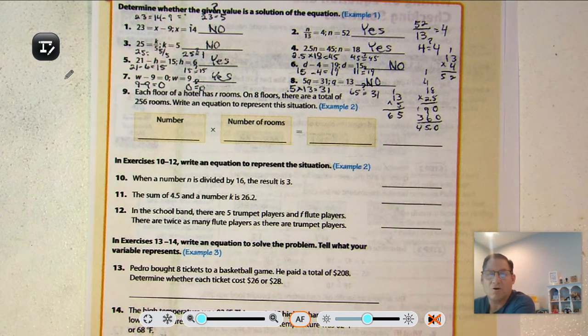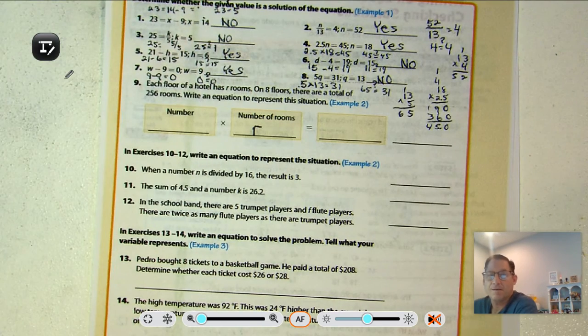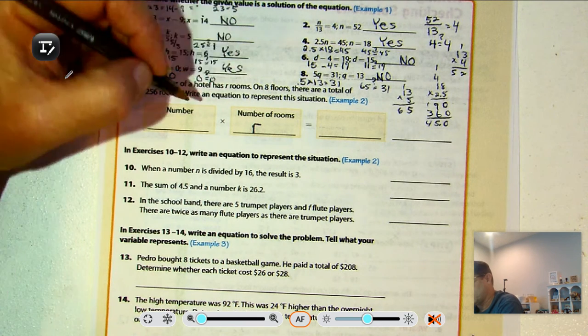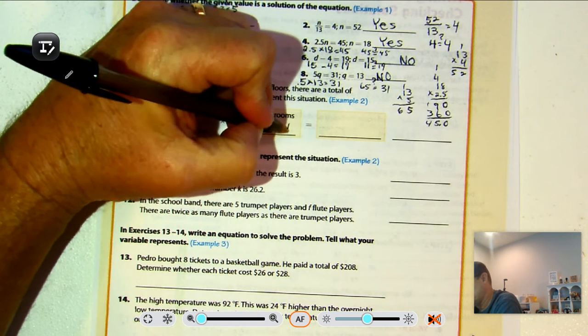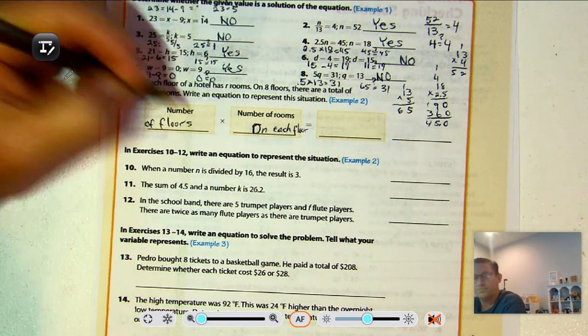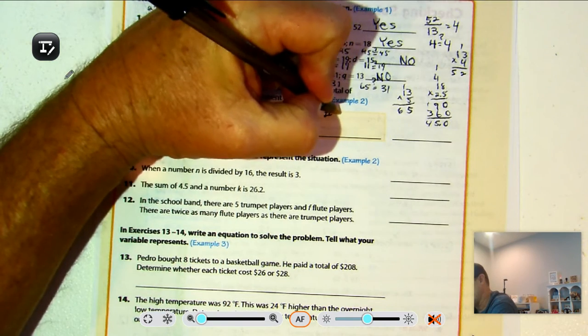All right, number 9. Each floor of a hotel has R rooms. On 8 floors, there are a total of 256 rooms. Write an equation to represent this situation. So the number of rooms, we're not sure, so we're going to say R. But on 8 floors, so number of rooms on each floor, number of floors, okay, will equal the total number of rooms.